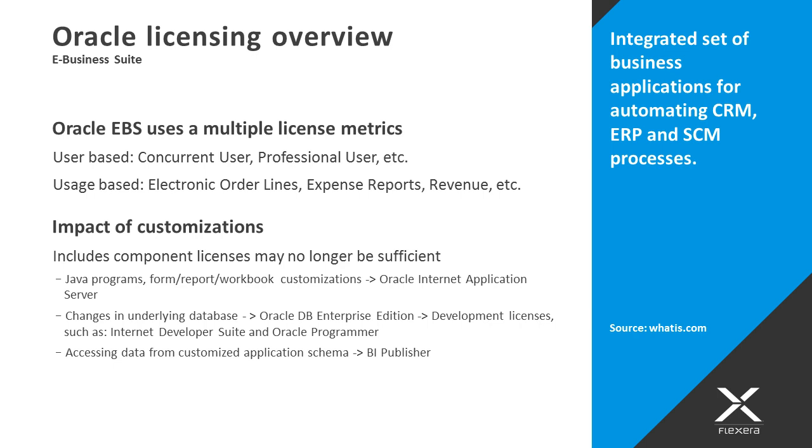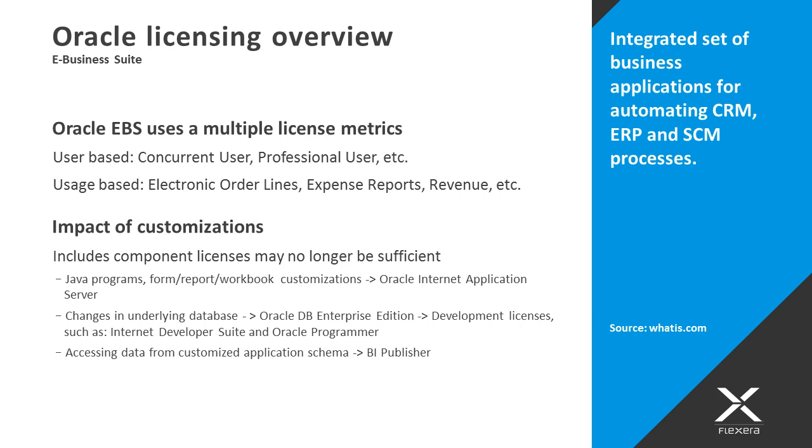Oracle EBS itself uses two basic types of metrics. So there's a user-based metric, and there are different types of users that you may have, whether it's concurrent, professional, I think there are 5 different types of users that could vary with the version of EBS and when you obtain the application itself.